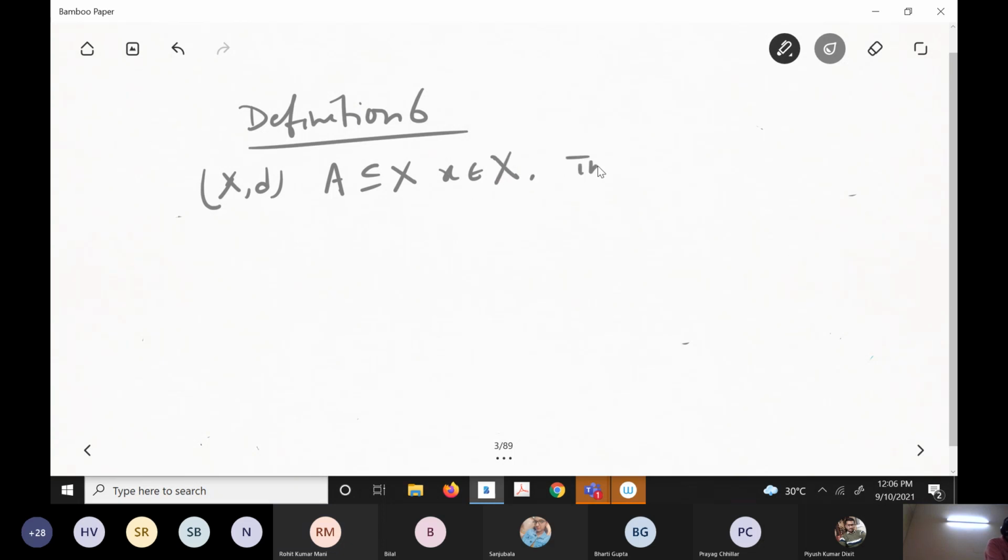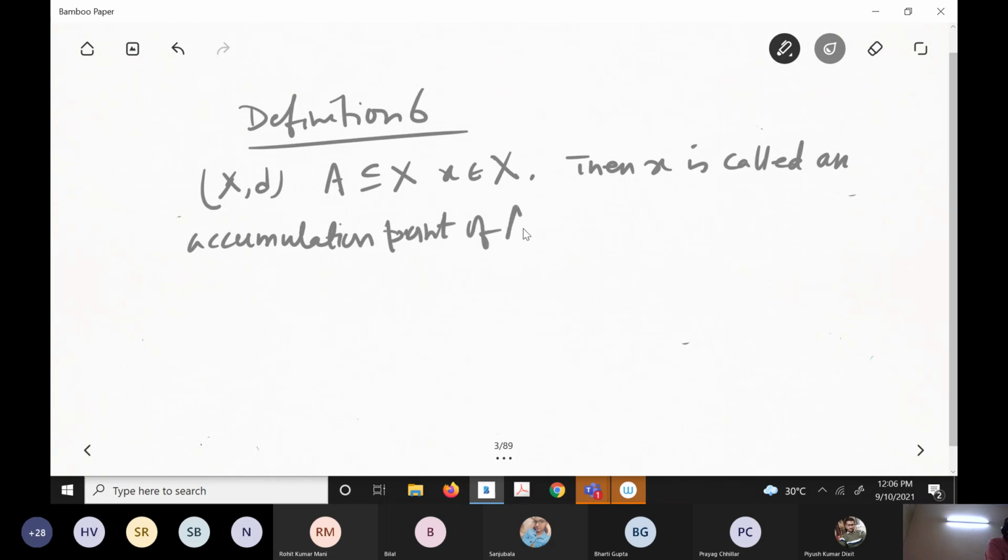Then x is called an accumulation point, a special kind of closure point, of A if, look here, B(x, r), any neighborhood of x, intersection A minus {x} is not equal to empty for all r greater than 0.